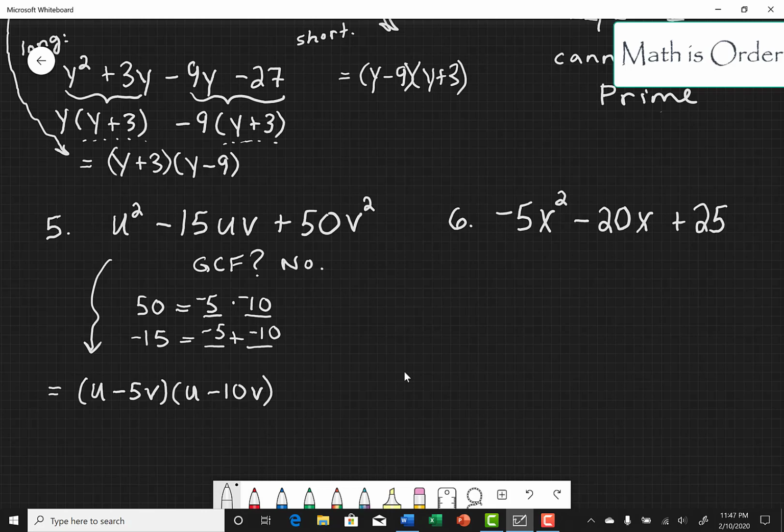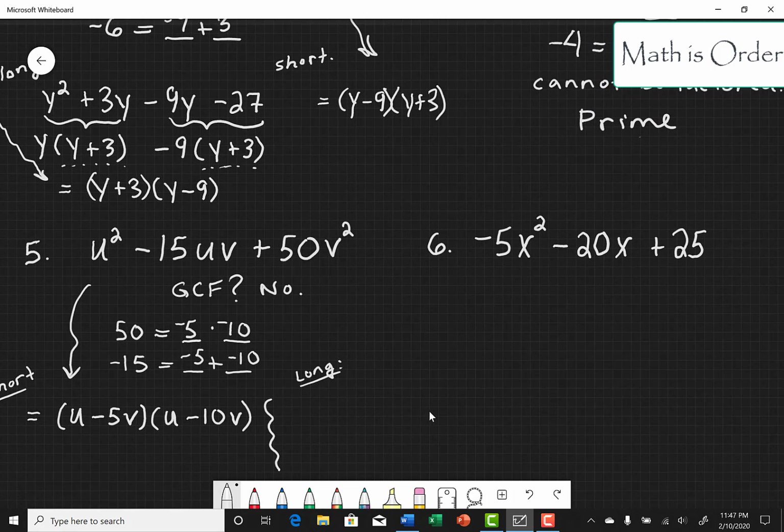If we took the long approach, which is necessary in some cases, we'd rewrite the last term, replace the middle term by these two factors using uv, right?